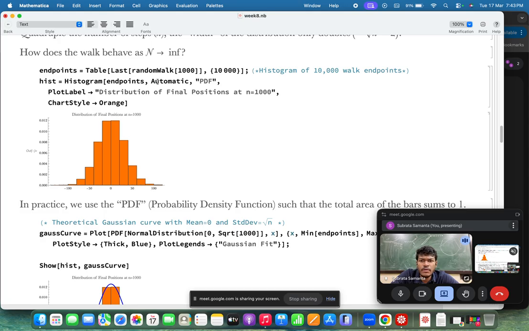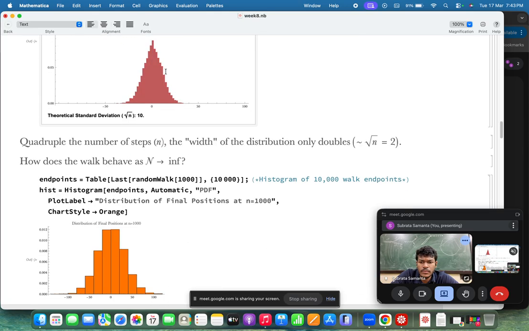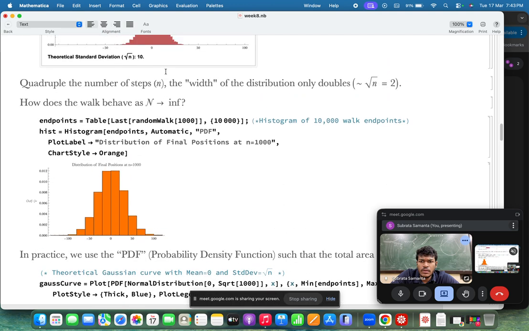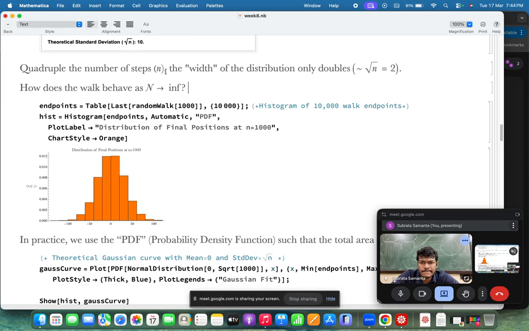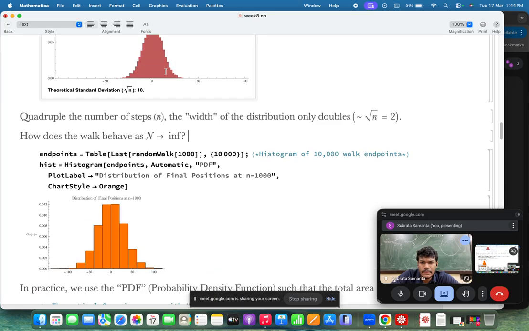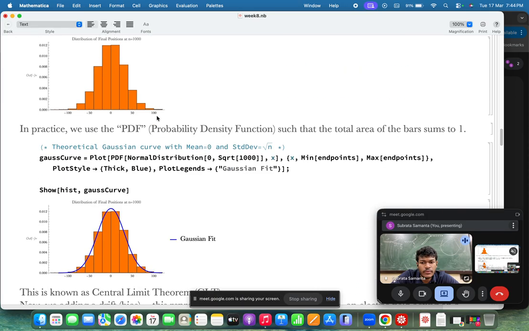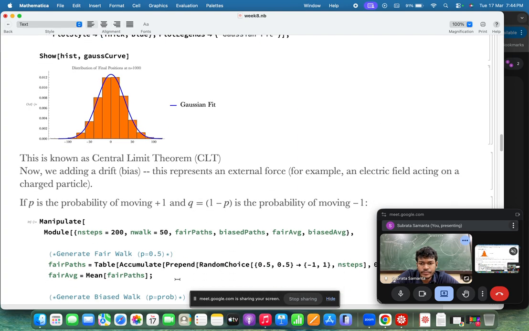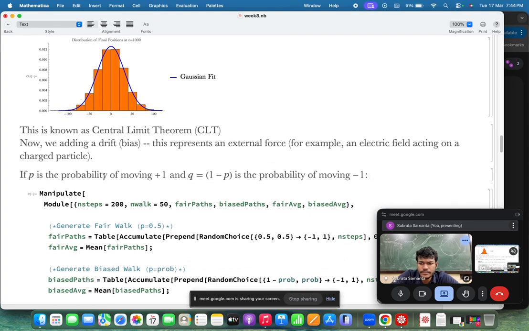So, this is the number of paths. Basically, averaging over more and more paths at each time step, and that actually follows the Gaussian. And this is the central limit theorem, because your N is large, so you have to perform a large number of experiments.